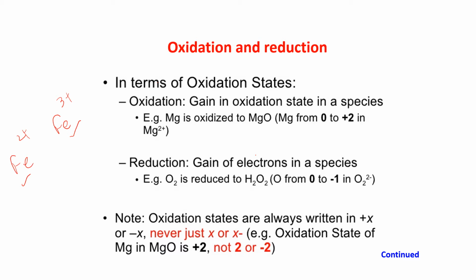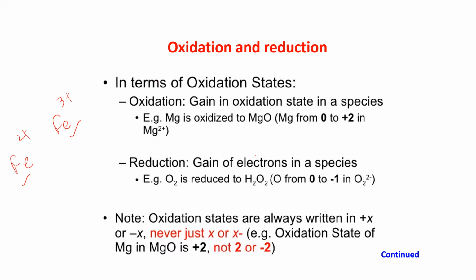Now you have to think in some other way. If you are taking a ferrous salt, Fe2+, and keeping it open in the atmosphere for some time, it will change to Fe3+, that is ferric. That means oxidation is going on. Because of the atmospheric oxygen, it is oxidized and ferrous will change to ferric.